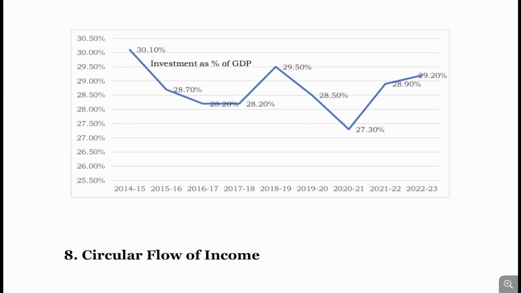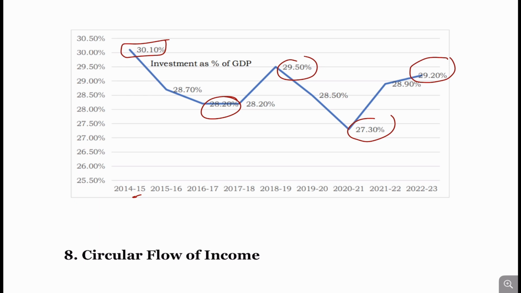when we are talking about investment, what is the level of investment in India? In India, in 2014, you should remember, it was approximately 30% of GDP. Then, till 2017, it decreased to 28%, then it increased to 29%, and again decreased to 27%, and currently approximately 29-30% is again the investment rate of India as a percent of GDP.